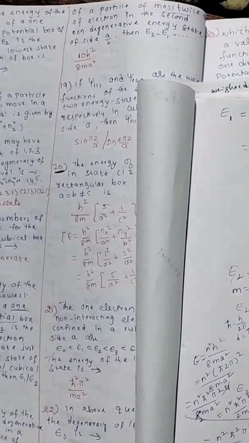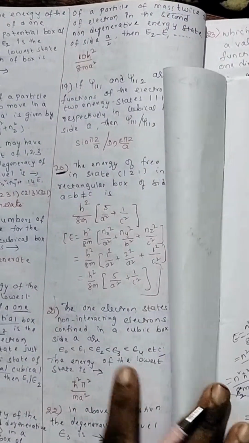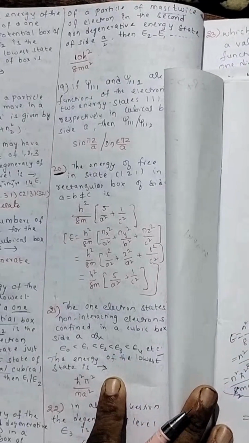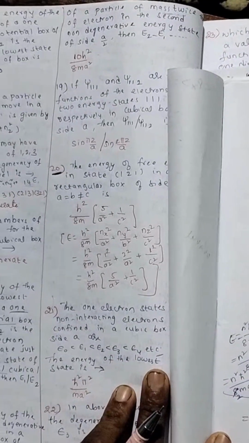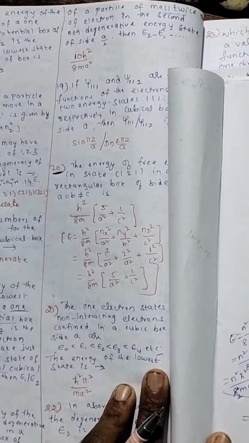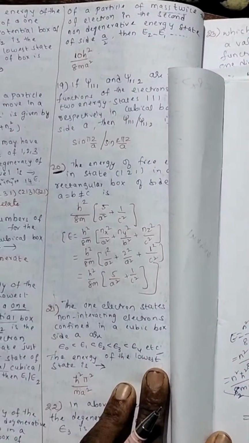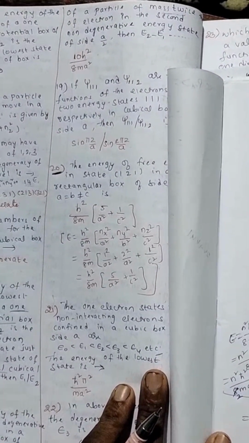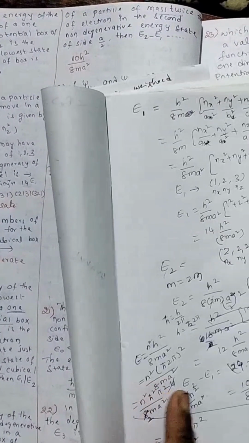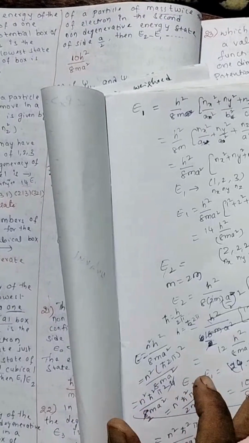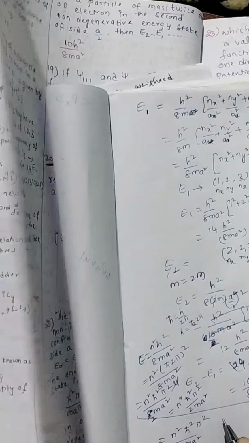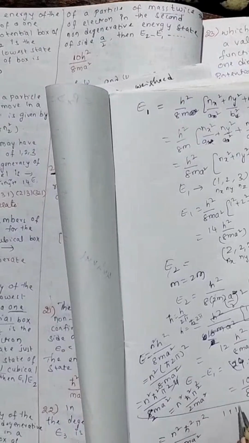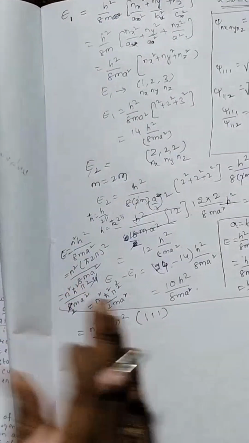Now did he mention anything? Different energy levels of side a only he said. So for the lowest energy level, the quantum numbers we take are 1 1 1.